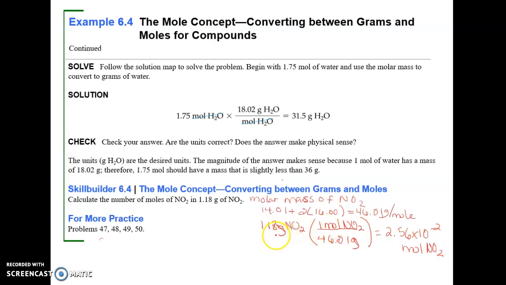So we started in grams, which is what we were given, we used the molar mass, and dividing by 46.01, we end up with 2.56 times 10 to the negative 2 moles of nitrogen dioxide.